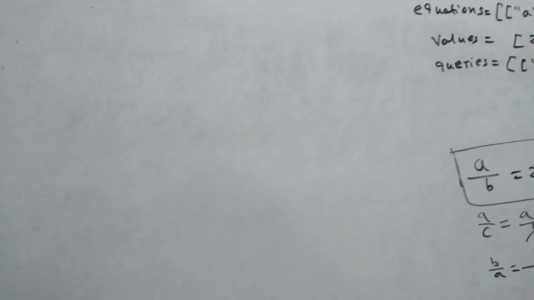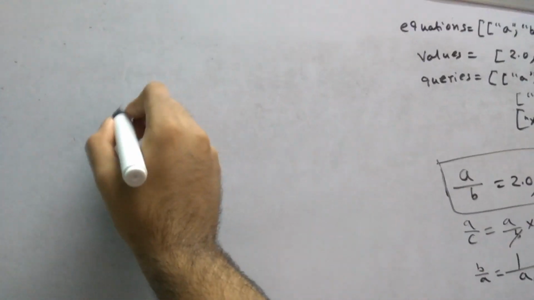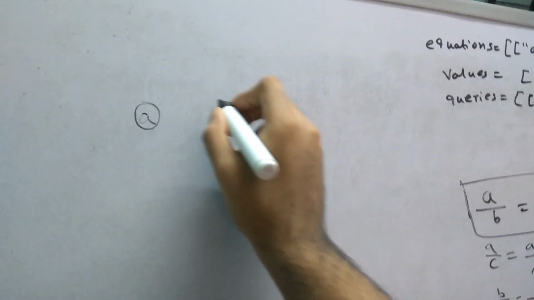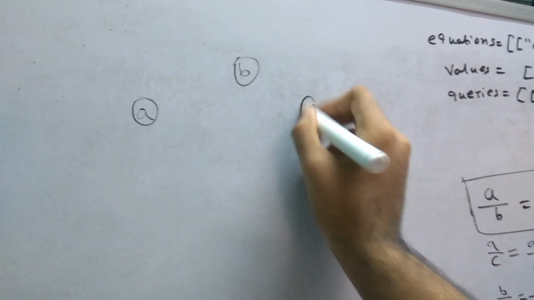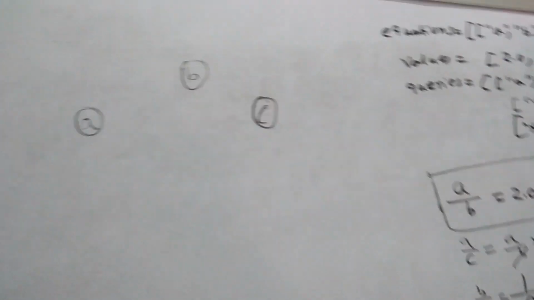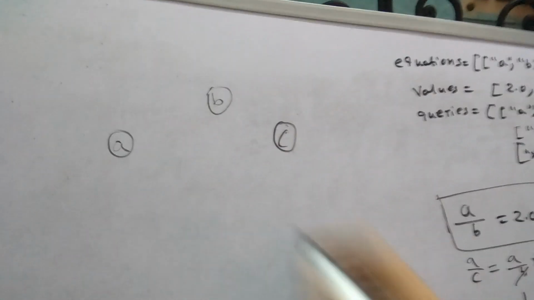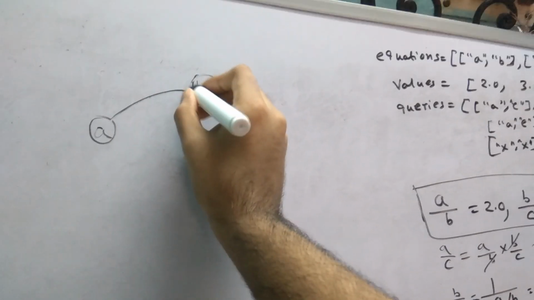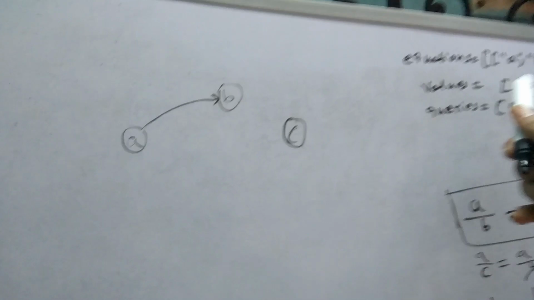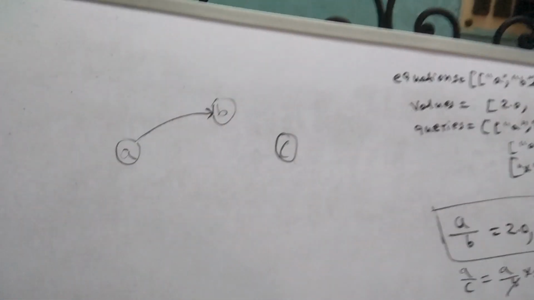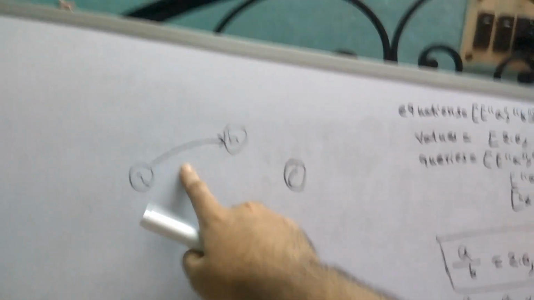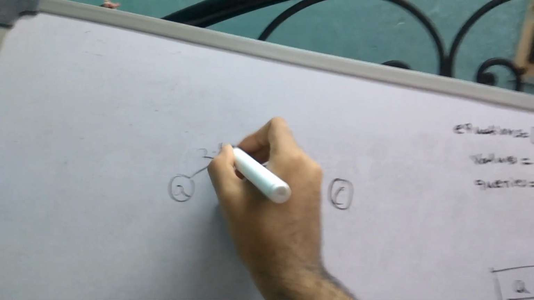Okay, so for building this graph, we have only three nodes for this example. What are the three nodes? Three vertices, sorry: it's a, it's b, and it's c. Now how can we connect them? a by b means there is an edge between a and b, and as it's a directed graph where the edges have values, the value over here is 2.0.